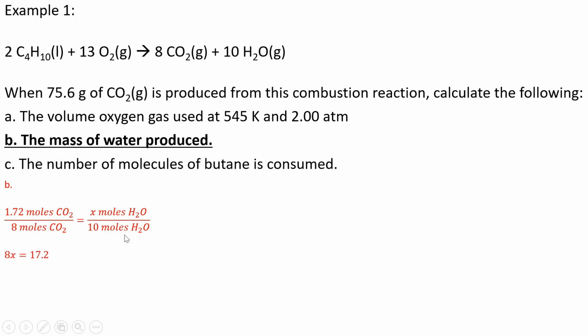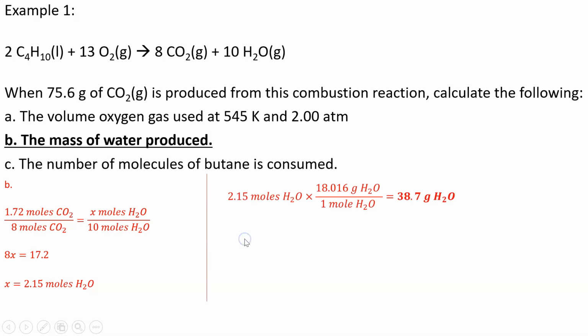Cross multiply, and then we're going to divide by 8 once again. You get 2.15 moles of water. I want the mass of water. So now I'm going to multiply by the molar mass of water, which is 18.016 or 015, depending on which periodic table you're using, and you end up with 38.7 grams of water.